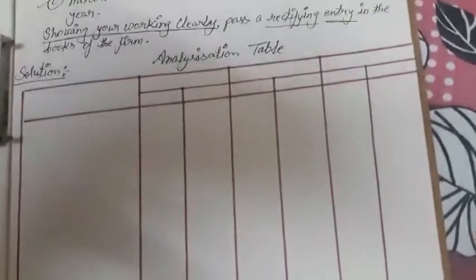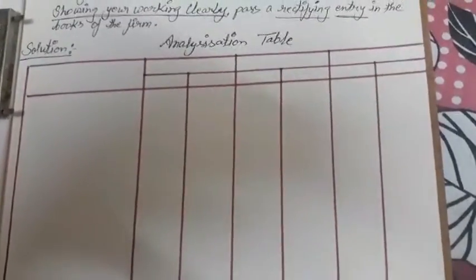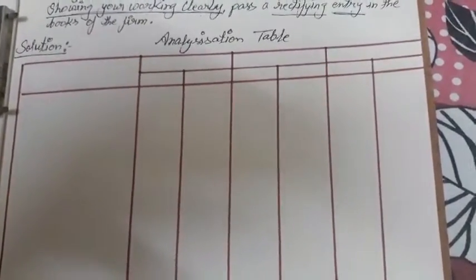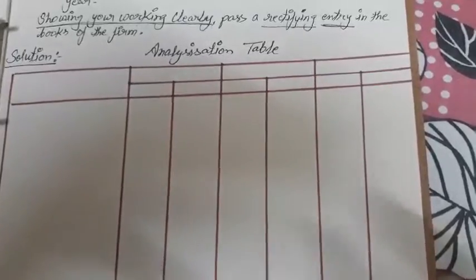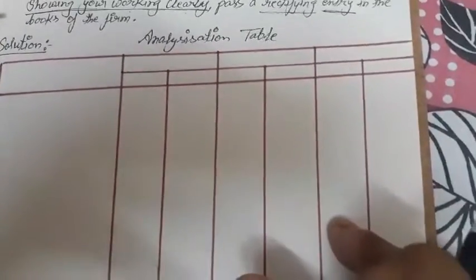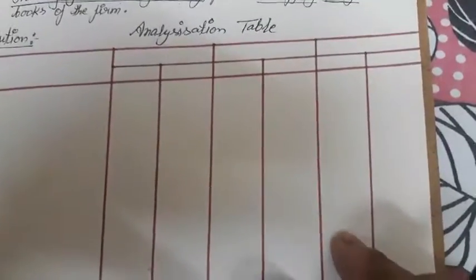Now I have a format related to the above solutions. For the above questions, I have prepared a format by which we can do the solution properly and easily. In this format, the chances of mistakes are too less.